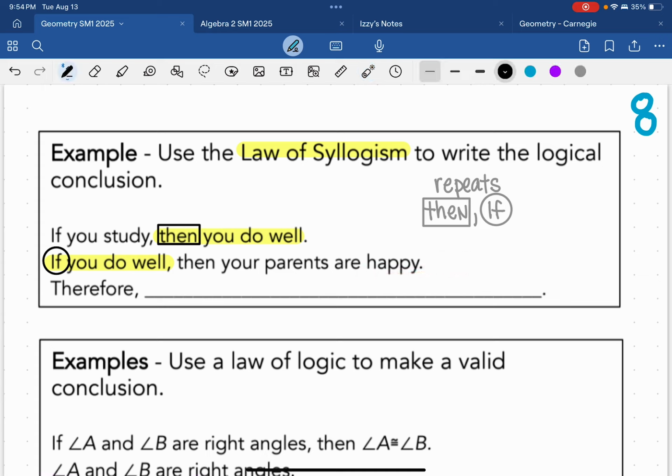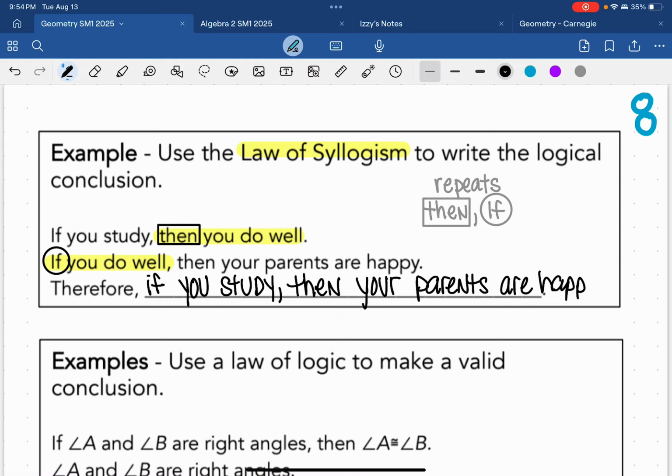So I'm going to go ahead and say that my, hold on a second, if you study, I'm going to go ahead and put the comma, then your parents are happy.